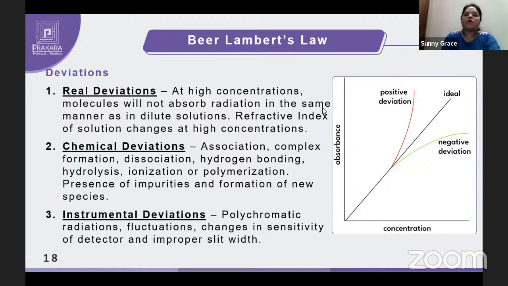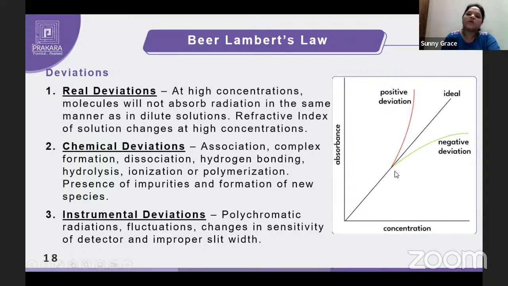See, if we plot a graph taking concentration on the x-axis and absorbance on the y-axis, if the solution follows Beer-Lambert's law, you see this as an ideal solution. Ideal one, that is, you will find a straight line passing through the origin. But this does not actually happen. Sometimes you will see a concave upwards and sometimes concave downwards.